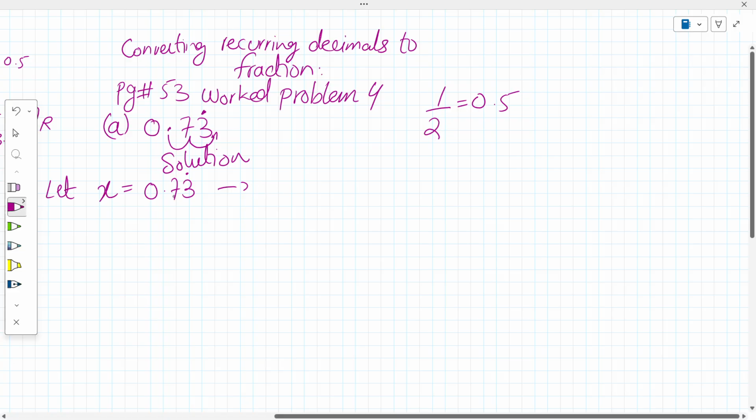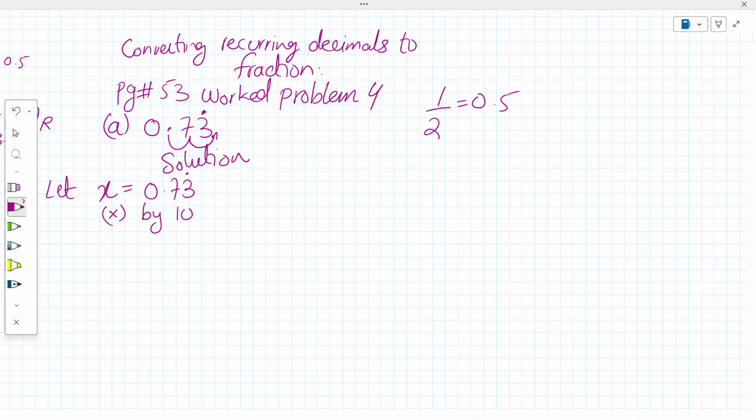We know clearly what is an equation and what is an expression. For that, I will multiply this equation by 10 on both sides. Now the value will be 10x equals 7.3 with the dot. If you note that in this step, the recurring decimal is still in the decimal.